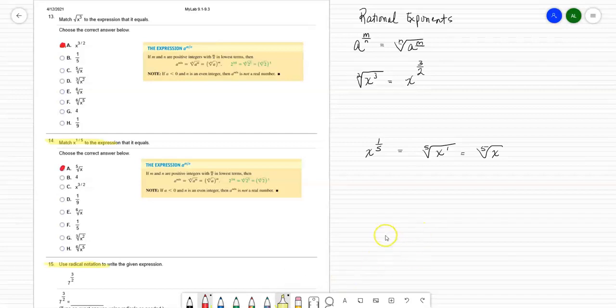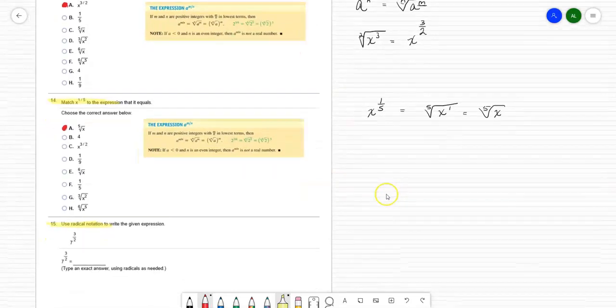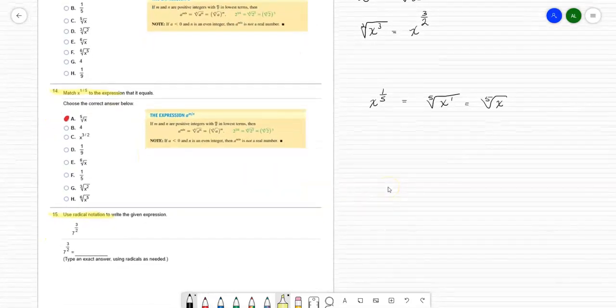Now let's do one more that's similar to number 14. And this one is not multiple choice, so we have 7 raised to the 3/2 power. All right, so we know that we have our 7 as our base, our radicand in this case. And we have our denominator, which is 2. That is our index, so that means it's the square root.